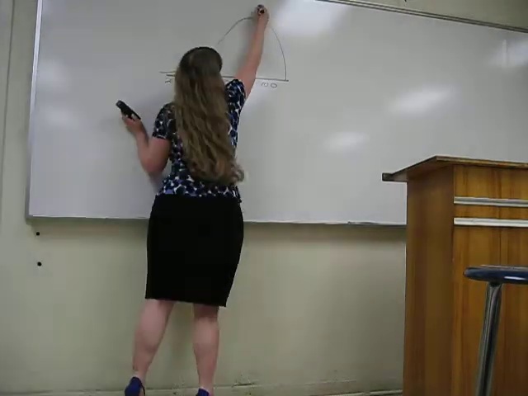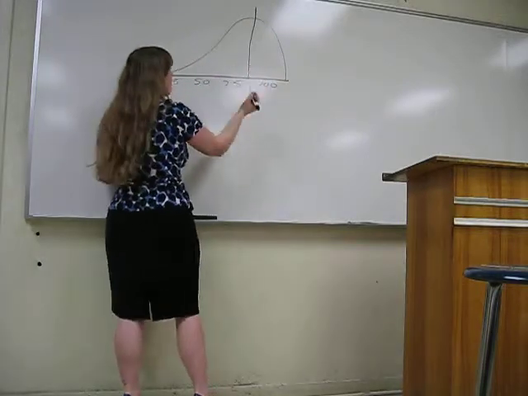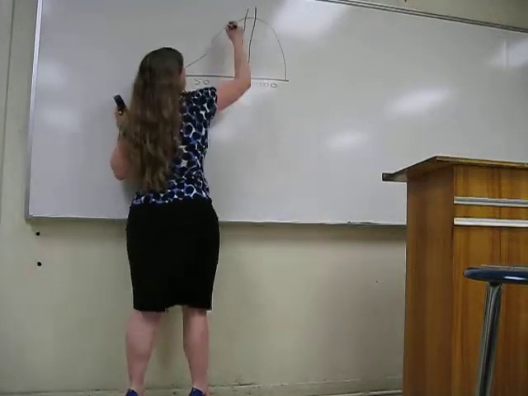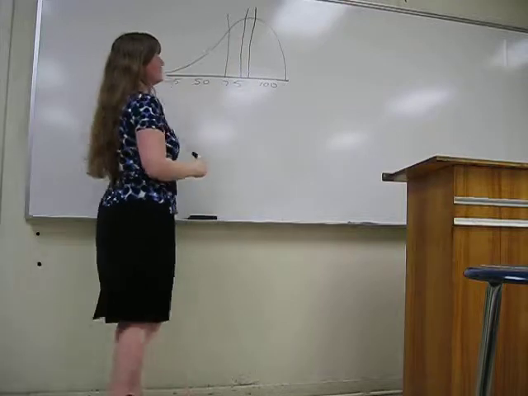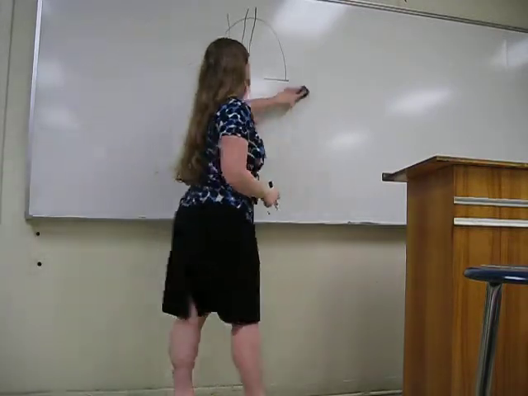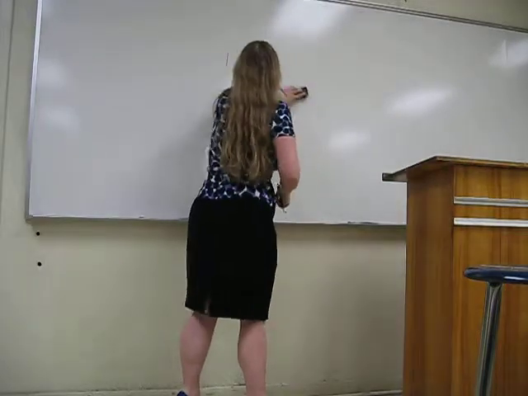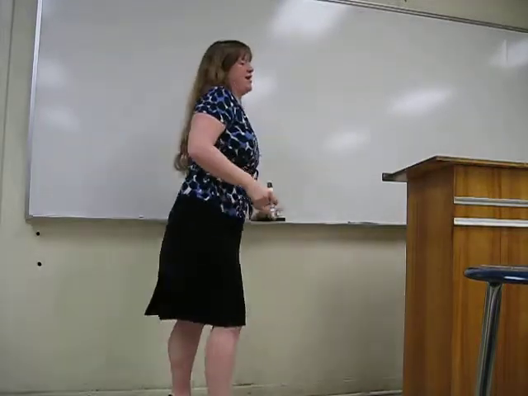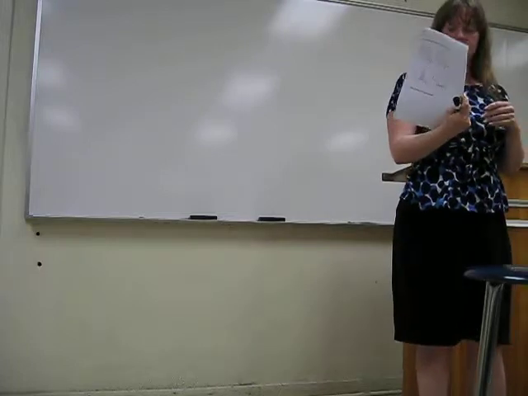And so, what have I drawn? The mode. Median. Mean. Right. Does that make sense? Be able to tell me why. Why did we label it that way? And please don't write because I memorized it. Okay.